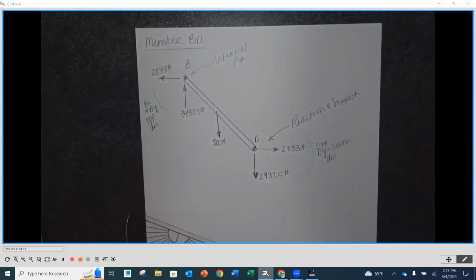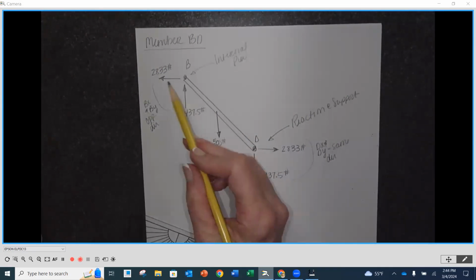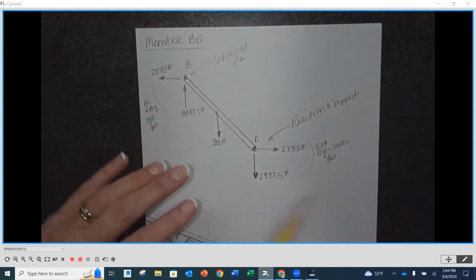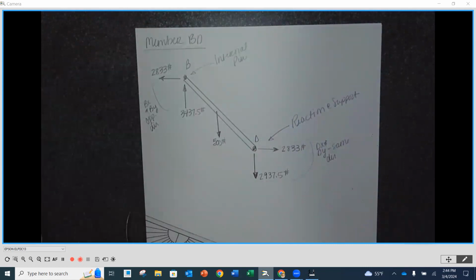I know a point of sometimes confusion for students is when do they show the X's and the Y's and when they don't? B is an internal pin to the structure, so it is one where we change the directions when we look member to member. D is a pin reaction, a support for the entire structure.